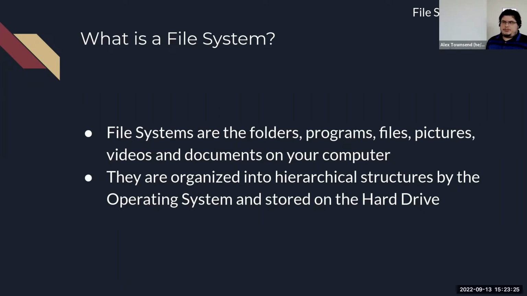Now, one of the big differences between a file system and a file cabinet that you might have seen is that file cabinets are usually very flat in their structure. You open one drawer and there's a whole bunch of folders. You open another drawer and there's a whole bunch of folders. With a file system, they're usually organized hierarchically. So you can think of that as if you open one drawer and you open a folder, there might be a bunch of other folders in there.